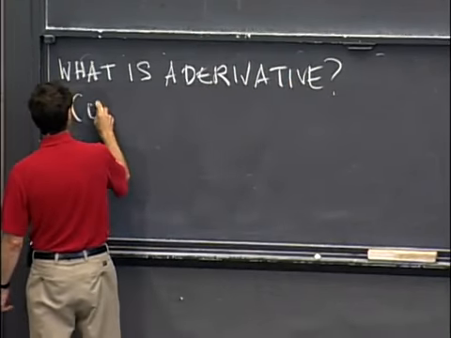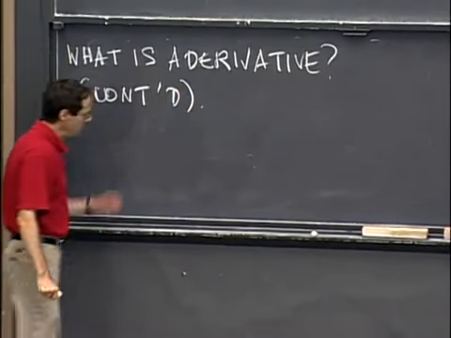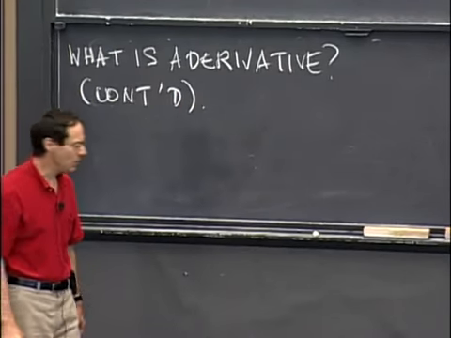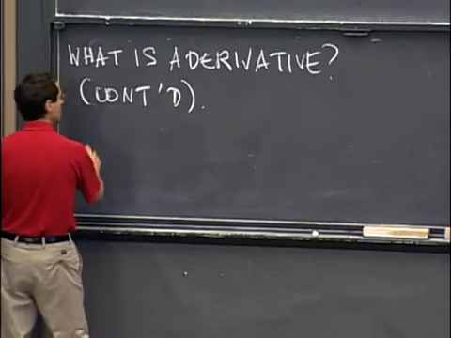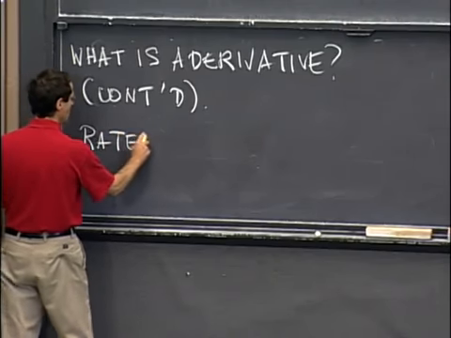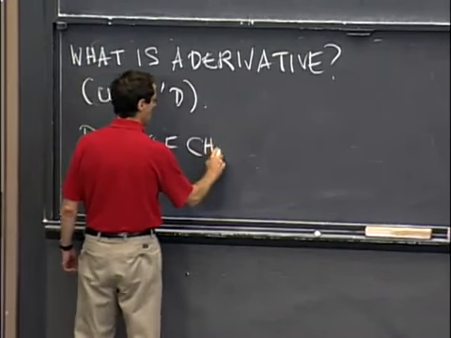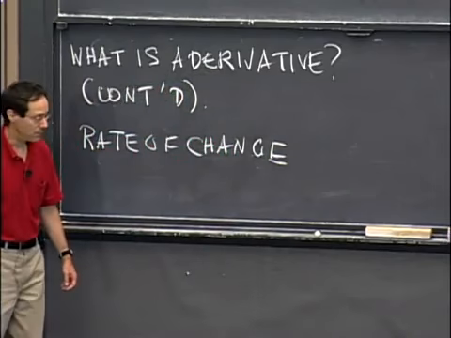And this is just a continuation of last time. As I said last time, we talked about geometric interpretations. And today, what we're going to talk about is rate of change as an interpretation of the derivative.